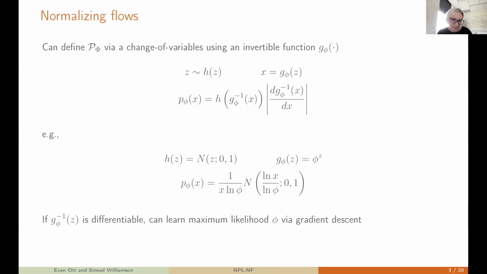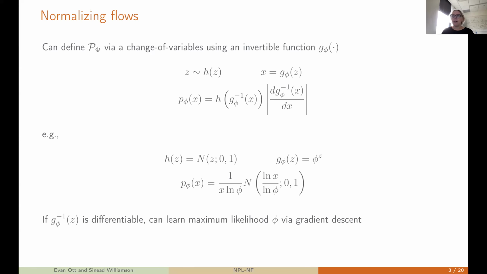Okay, so again, in nice simple examples, I might have that latent distribution H be a normal, no free parameters here, that's known, I know its PDF, and my mapping be phi to the z, right? So this is kind of a generalization of a log normal distribution.